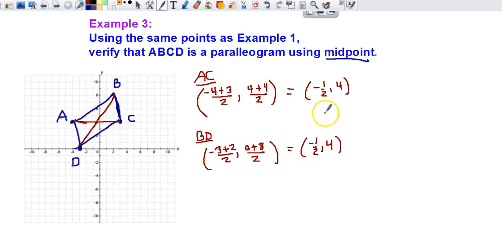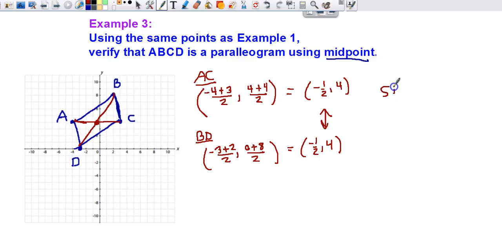So you notice that these are the same. They are identical, which means that that point is the midpoint for both diagonals, which means both diagonals are bisected, which means diagonals bisect each other.